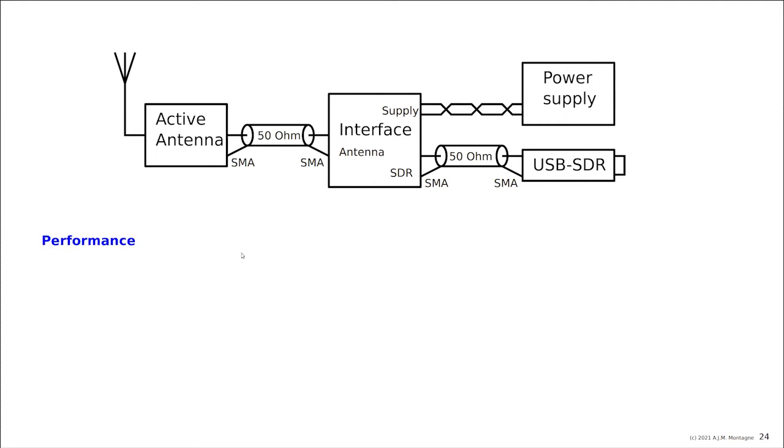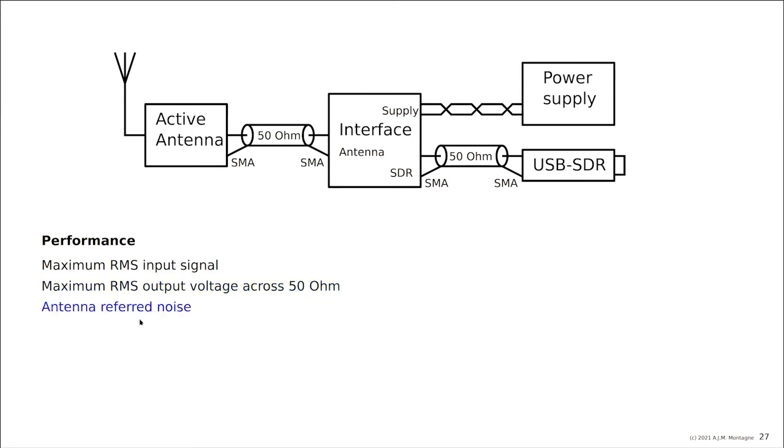So let's put together all the performance aspects. We have found a specification of the maximum RMS input signal in volts per meter. So using the length of the antenna, we could convert this into input voltage for the amplifier. We have found the corresponding maximum output voltage across a 50 ohm load.